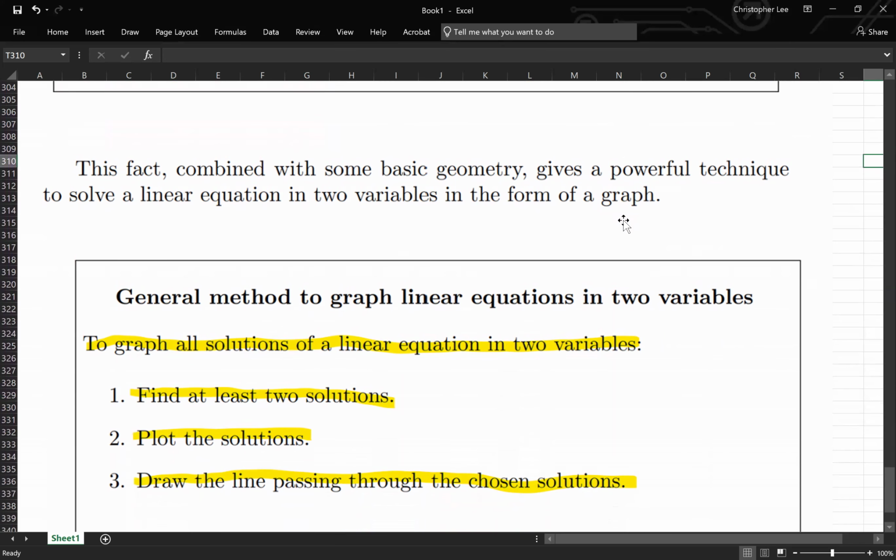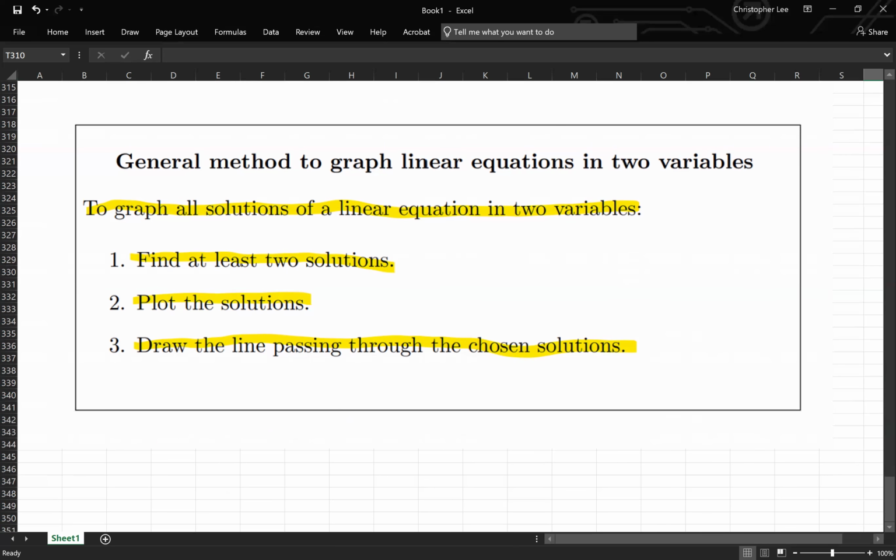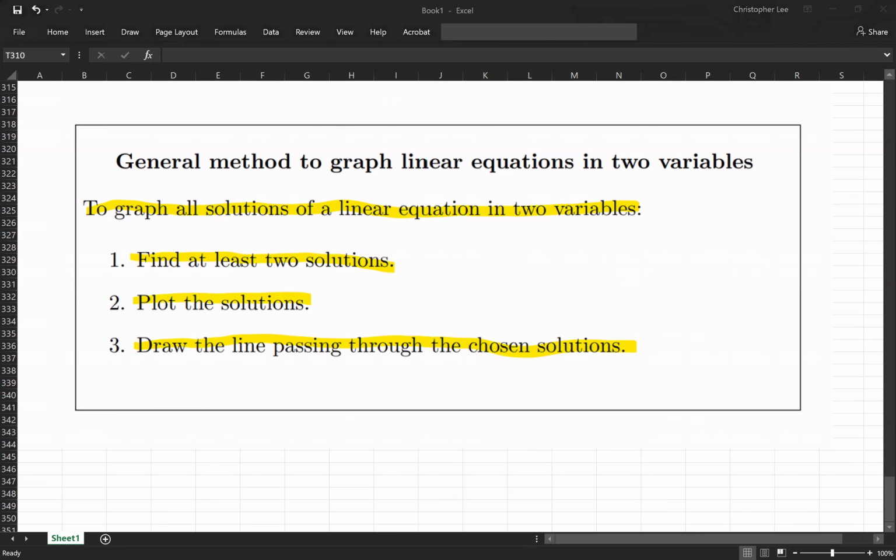Step 3, draw the line passing through the chosen solutions, and that's it. That's how you graph the equation of a line. Very simple. Just find 2 solutions, connect the dots, call it a day. The line needs to extend past the 2 points as well. That's another thing too.